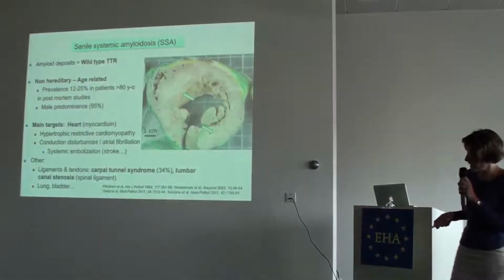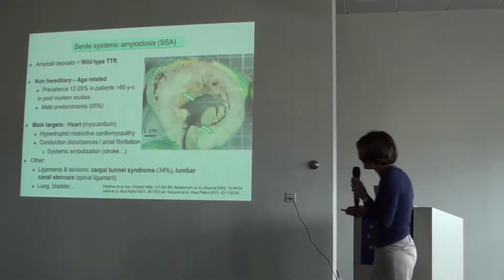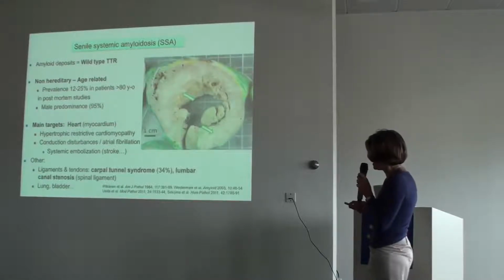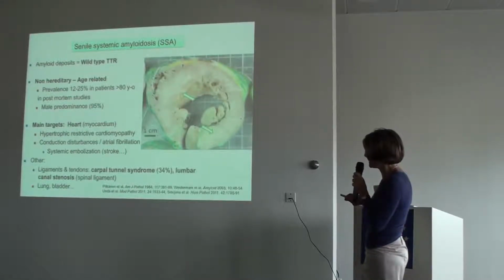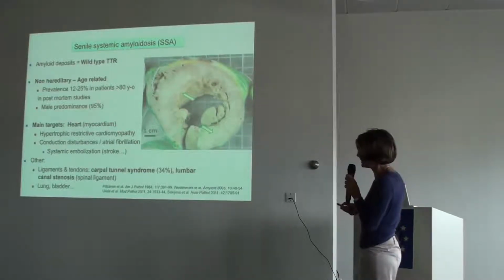In addition to that, we have this other aspect of the disease, which is senile systemic amyloidosis. In fact, it is associated with amyloid deposition made of wild-type transthyretin, and this condition, as you may know, was described in post-mortem studies. Its prevalence in post-mortem studies ranged from 12 to 25% in really old patients, so in the elderly, over 80 years old.